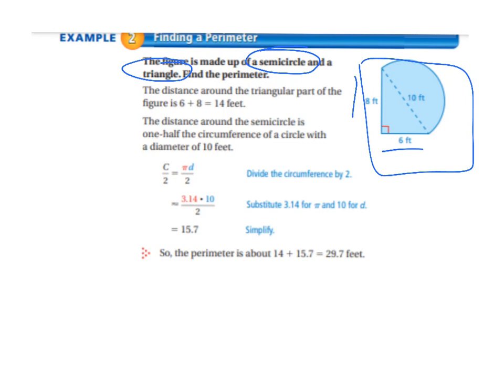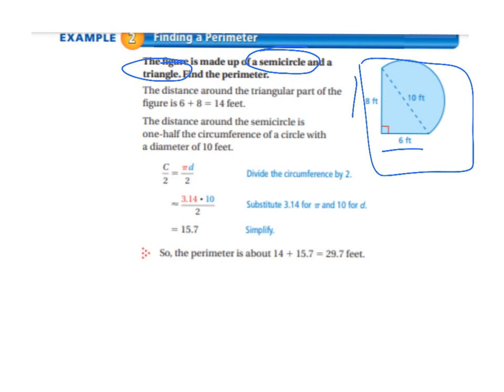They give you the 10 feet because that's the diameter of what that circle would be if it were a whole circle. So we go back to the lesson where we learned how to find the perimeter of a circle, and we divide the circumference by 2. Remember, the perimeter of a circle is the circumference.